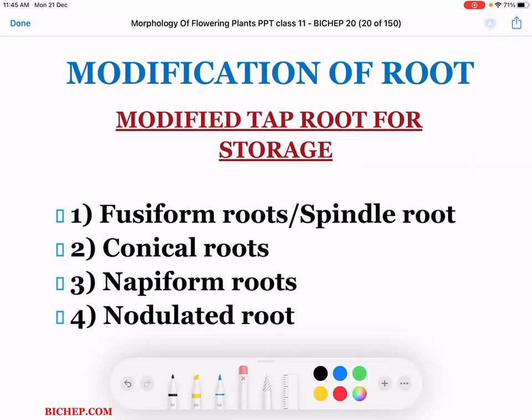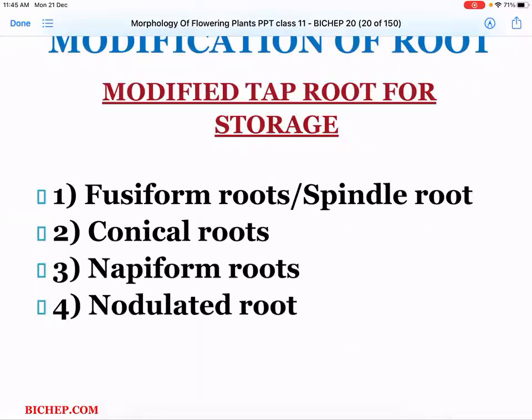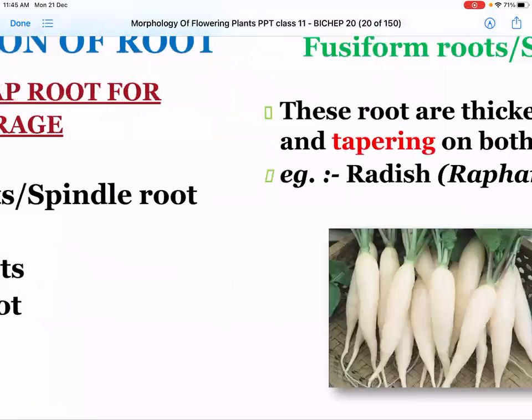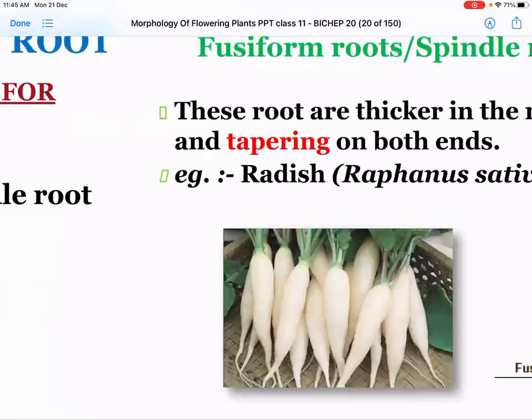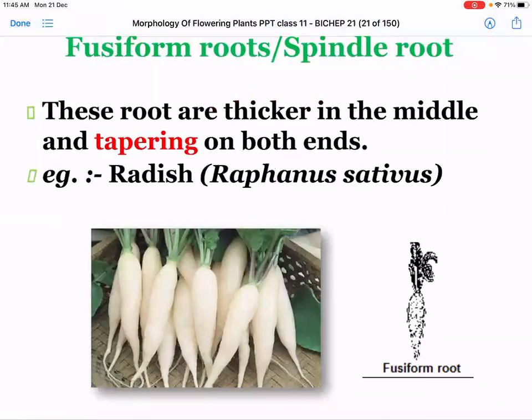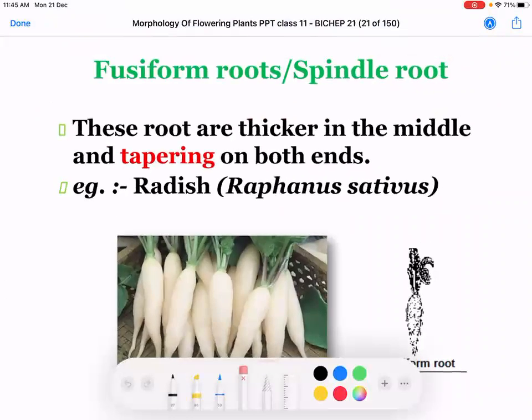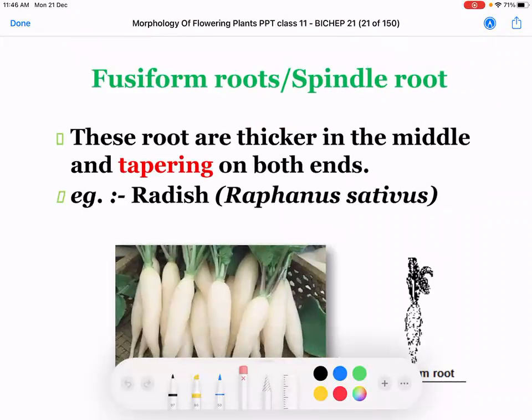Please take the screenshot and we are going ahead with all individually. Fine. This is first spindle or fusiform roots. Now the example, what you see here is radish. Ready? That is mudo.